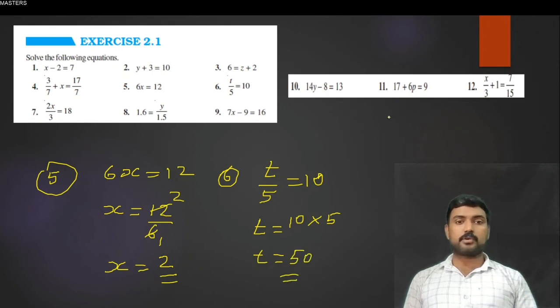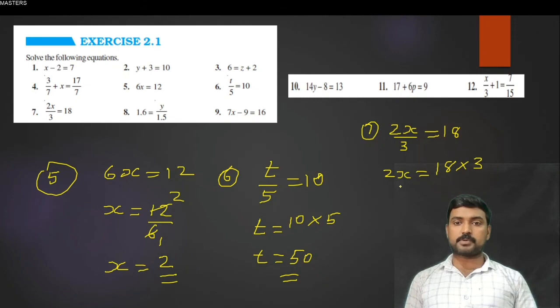Now we can go to the 7th question. Question number 7. Here 2x by 3 is equal to 18. Actually we want to find x, so we can transpose one by one. This 3 is dividing. Dividing 3 transposed to the right side will be multiplication. So we get 2x is equal to 18 into 3. No need to multiply this, just wait.